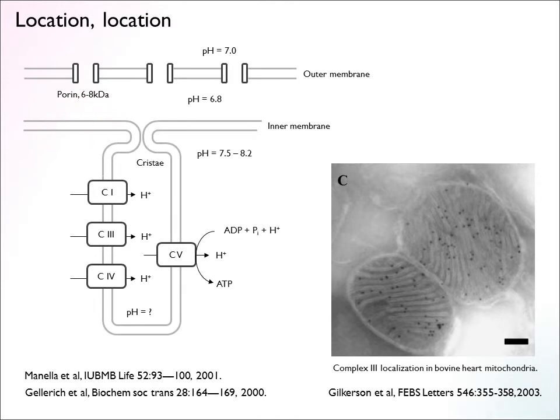That doesn't make that much sense really, because the outer membrane is full of these pores. So if you would try to build up a proton pressure here, it would probably leak out pretty soon through the outer membrane. So some of the drawings that you see of the respiratory chain, I think, are a bit misleading.